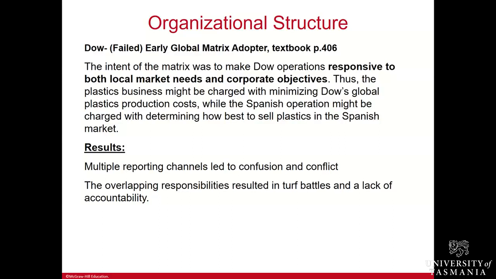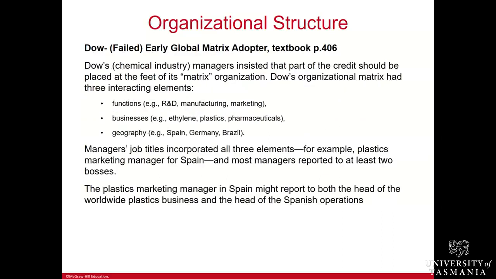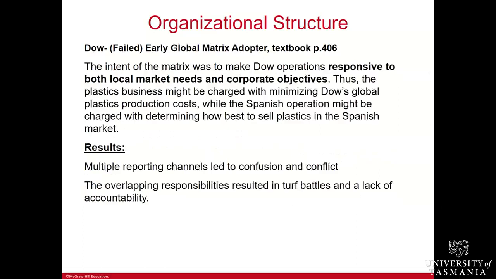At the same time, it is controlled by, let's say, the plastics business unit manager, who also checks for corporate objectives. They try to control local markets and, at the same time, corporate objectives closely by the managers, by the experts. That's why they had a global matrix model.